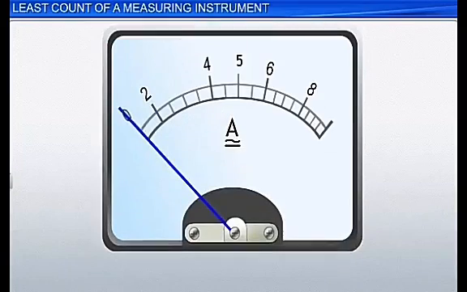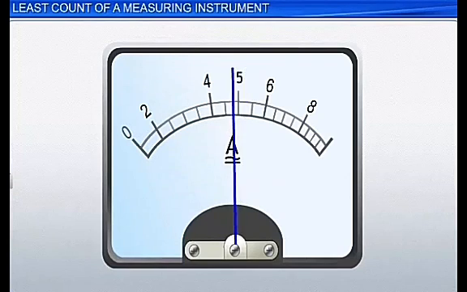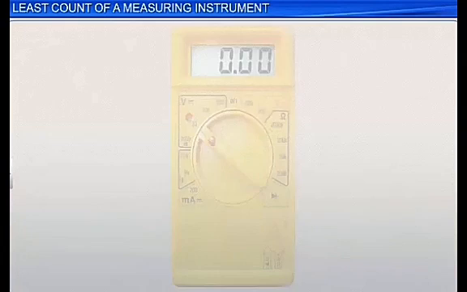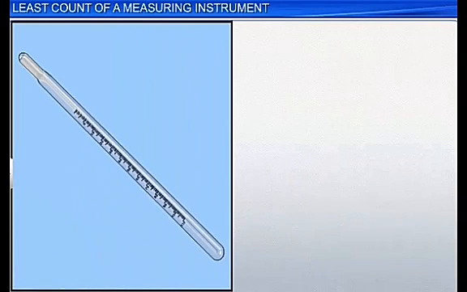The ammeter is used to measure current. Nowadays, the multimeter is used to measure current up to 0.001 amps. Similarly, there is a device called the thermometer, which is used to measure temperature.